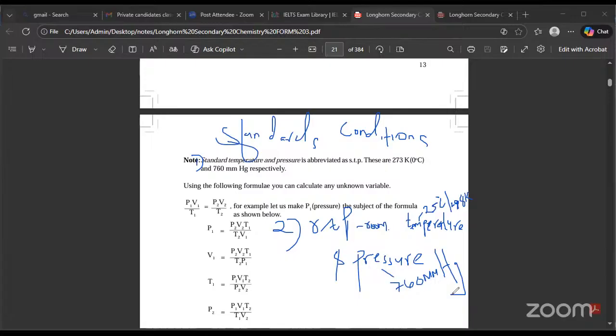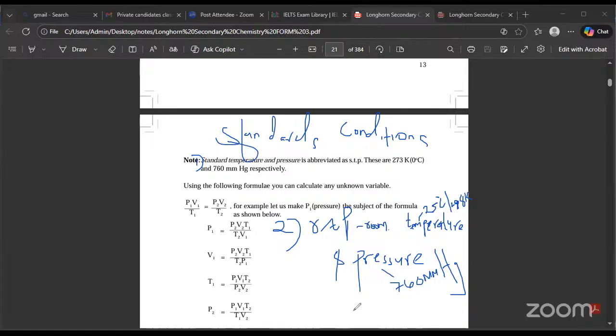So our question was not touching on RTP anywhere, or the room temperature and pressure. That one can come in another question. So anytime, I had told you, they can ask you to calculate the volume at STP. You see, that was the question that we solved. So anytime it comes, you don't have to be worried. You are supposed to know those standard conditions.